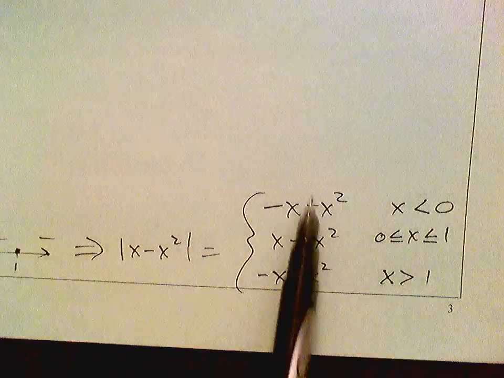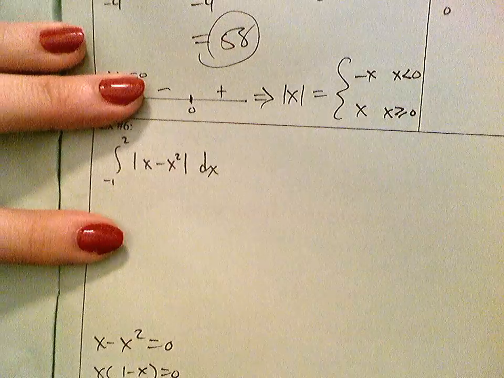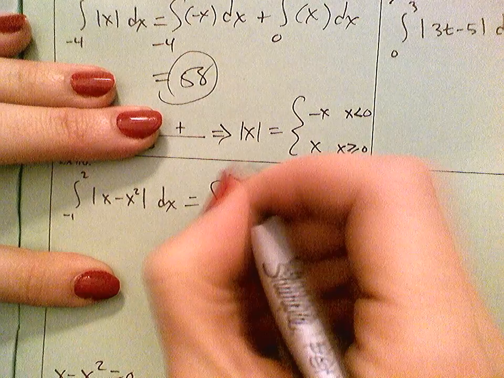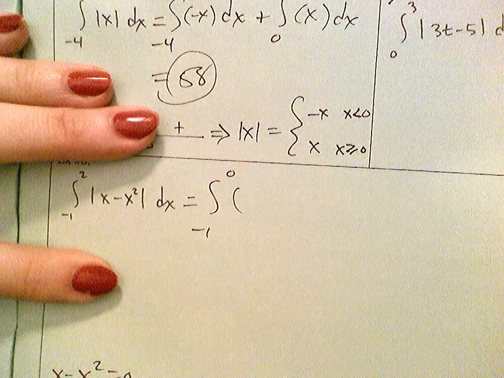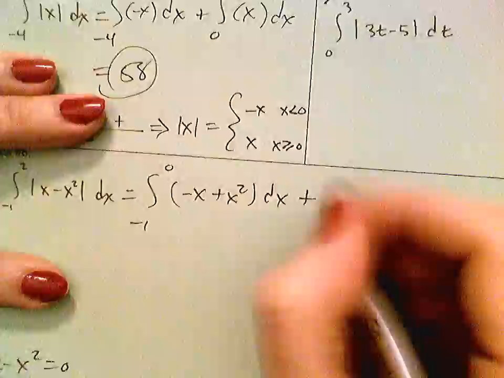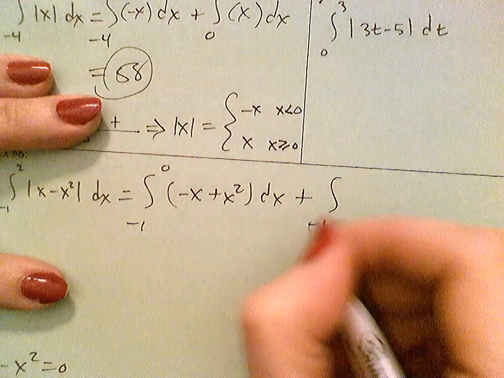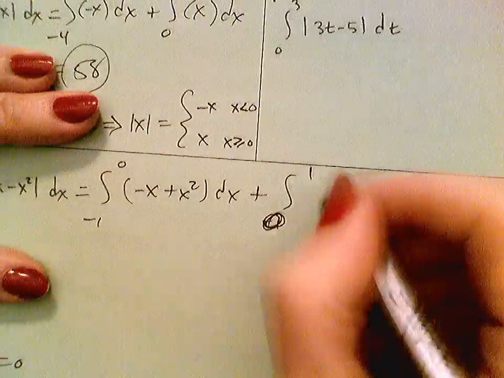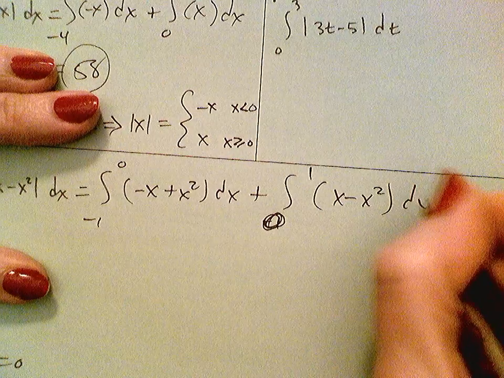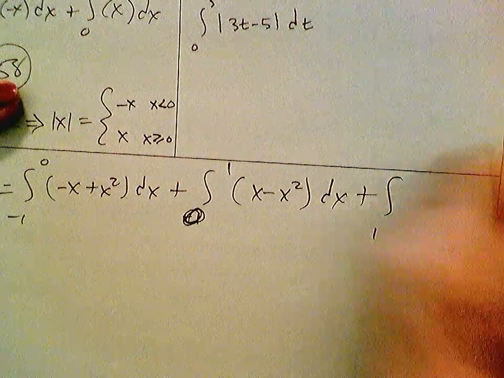Okay, so I'm going to split the integral up into 3 parts. So this is from -1 to 0, the first piece of the piecewise function that I wrote, plus from 0 to 1, the positive, the not negated second piece, plus from 1 to 2.